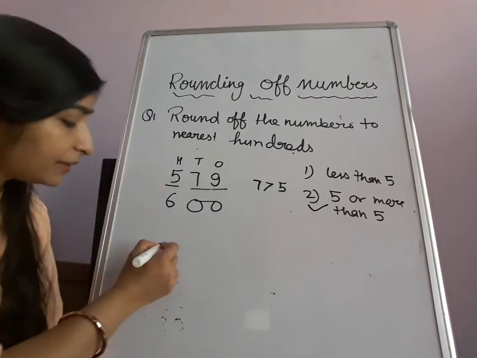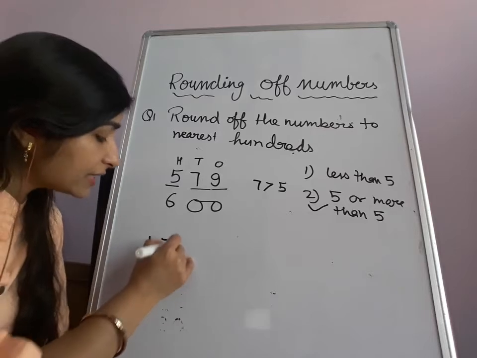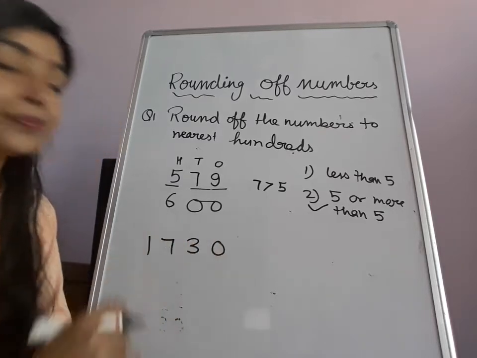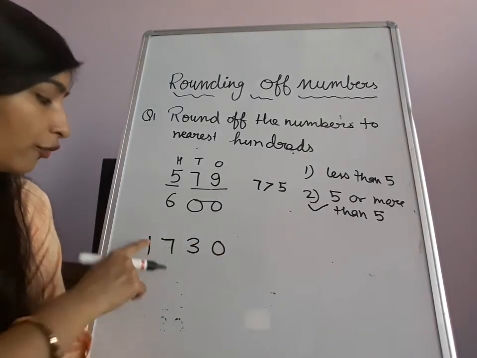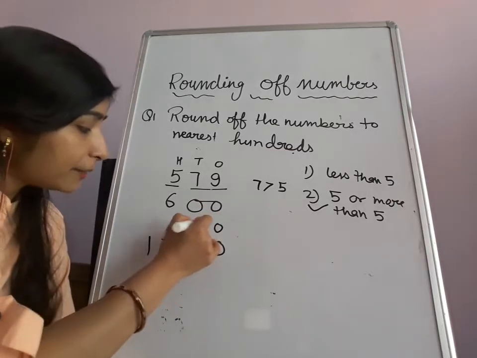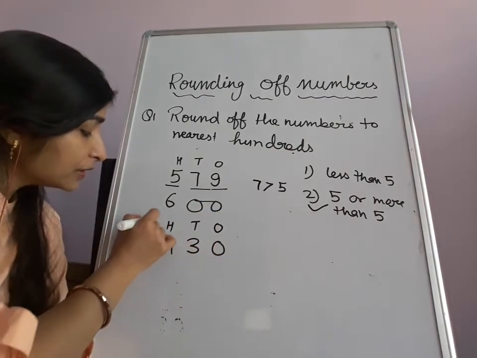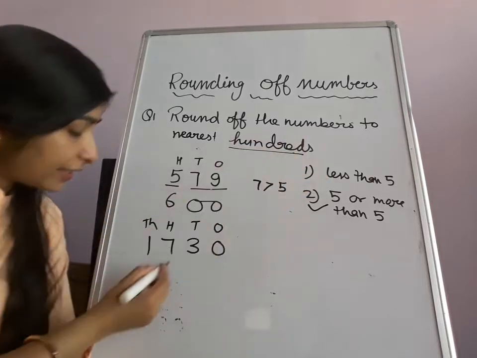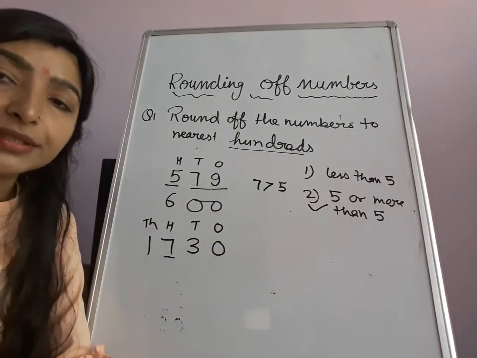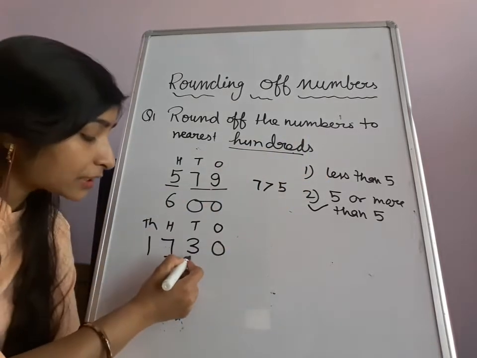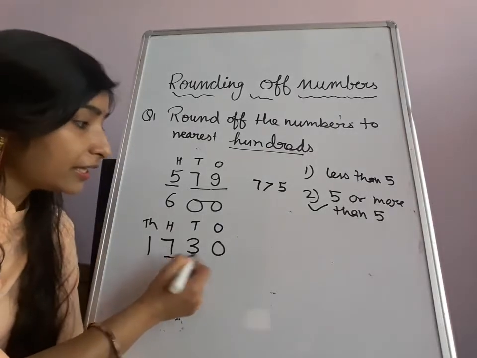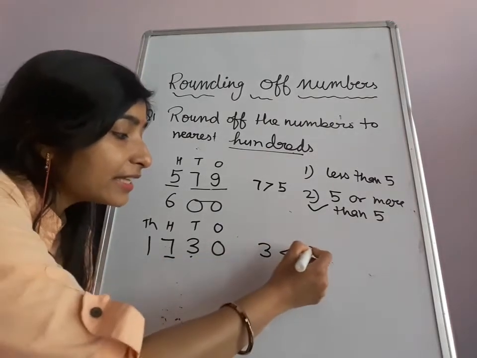Okay. Now I am taking one more example, 1730. For this also, first you will write the place values. For the nearest 100, you will underline the 100 place and see its next place to compare. 3. 3 is less than 5.